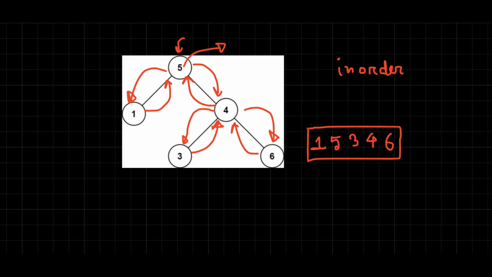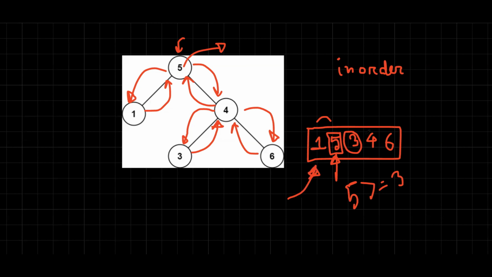And here, if this sequence is sorted, and for any of the adjacent values, if the next element is smaller than or equal to the previous element, or we can say that if the current element, suppose it is our index, current element 5, is greater than or equal to its next element, where 5 is greater than or equal to 3, we will determine that this is not a valid binary search tree sequence.